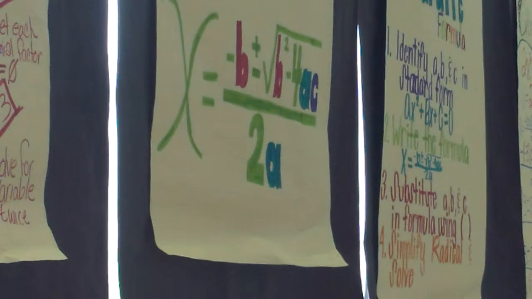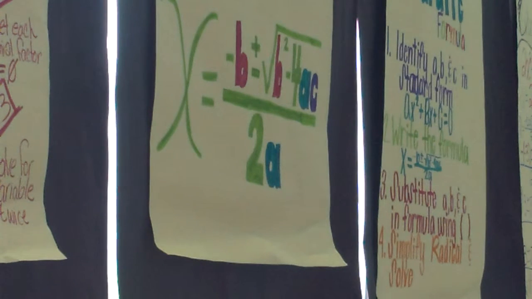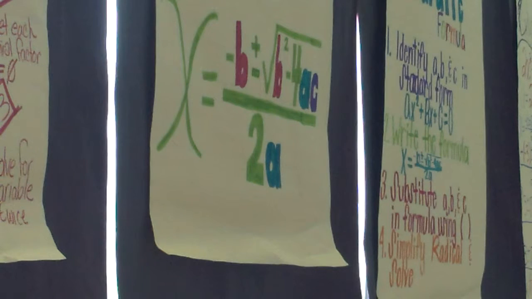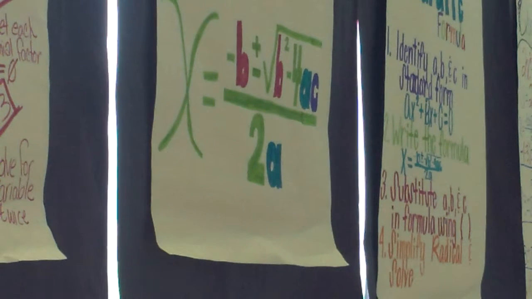Negative b plus or minus root of b squared minus 4ac all over 2a. All the way across. Negative b plus or minus root of b squared minus 4ac all over 2a. This isn't stuck in your head? It will be.